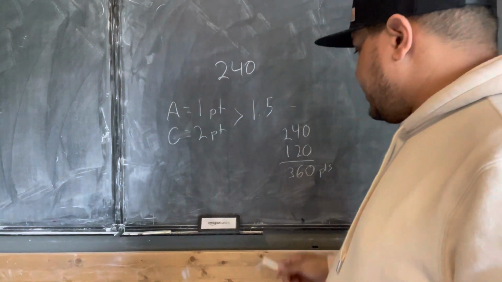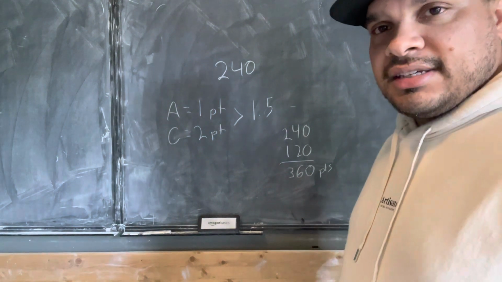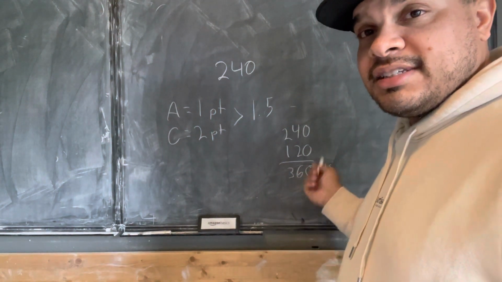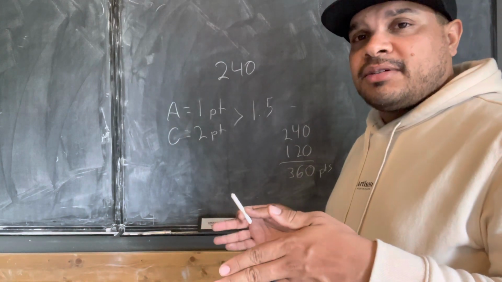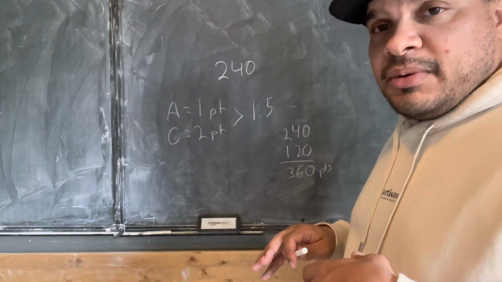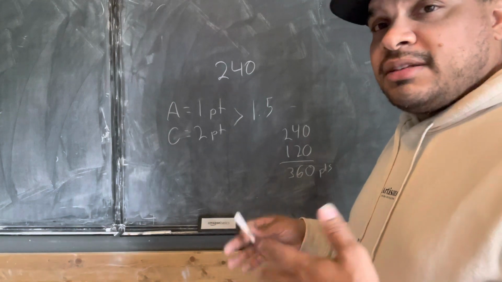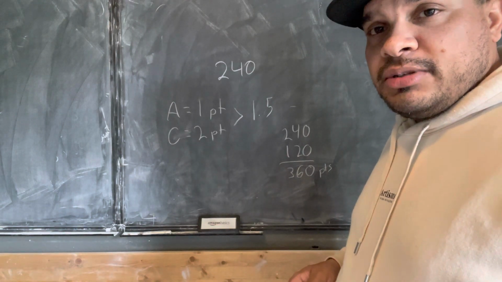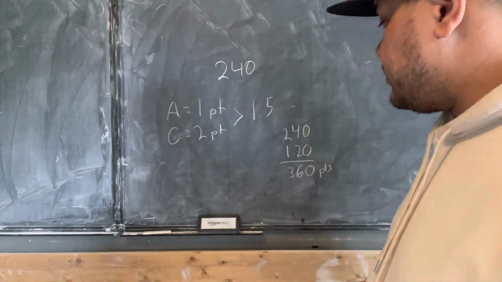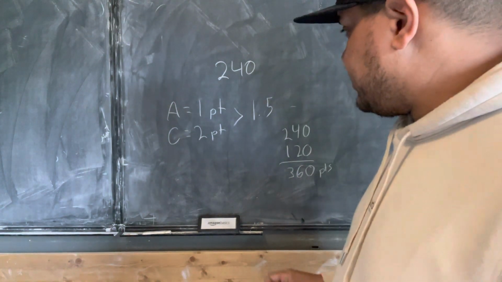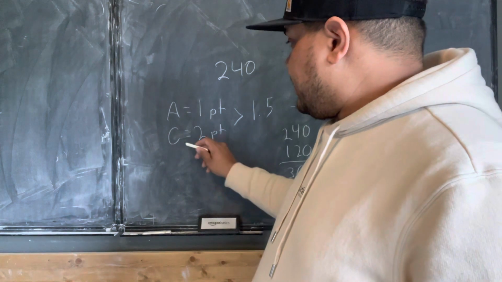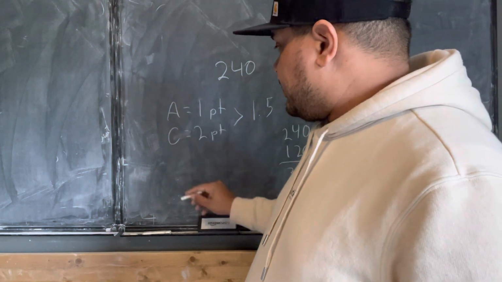Well, it's not going to be as simple as taking 360 divided by 2, because they're going to be working the same amount of hours on the job, but one is going to be producing faster than the other, right? And so basically what we have happening here is you have C equaling 2A, right?